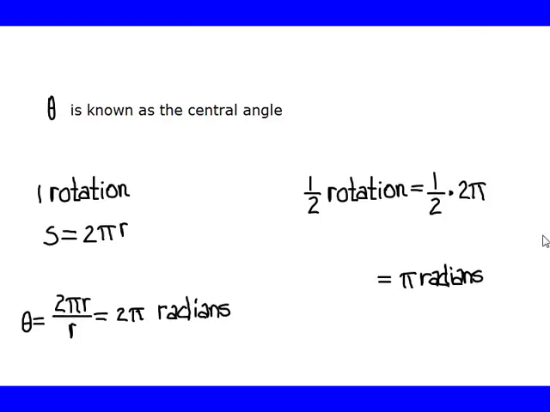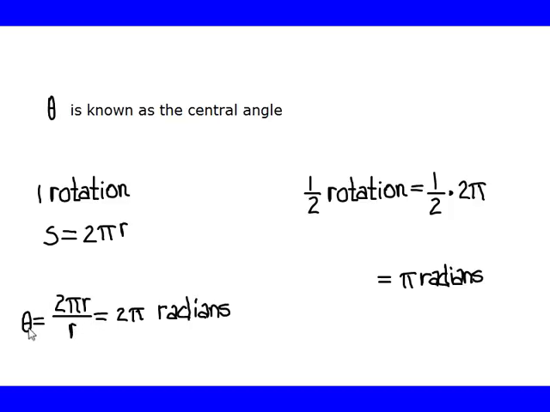Now, one rotation is the circumference of the circle, which is 2 pi r. That is the length of the measure around the circle. To determine the measure of angle theta in radians, we take this arc length, 2 pi r, the circumference, and divide by r.